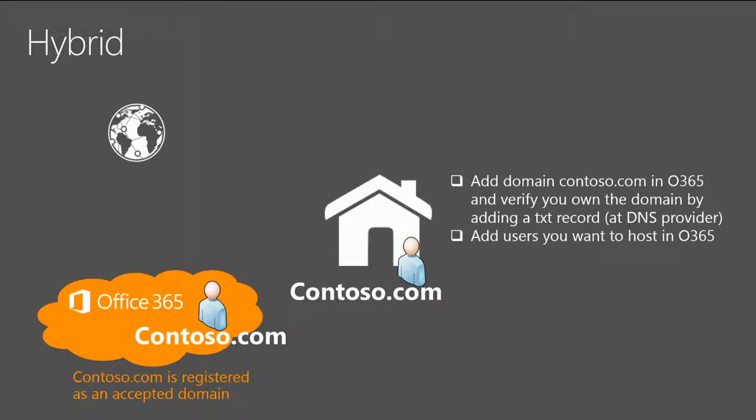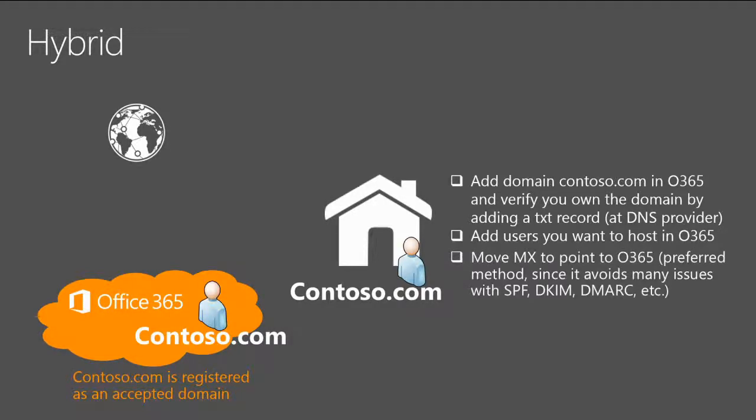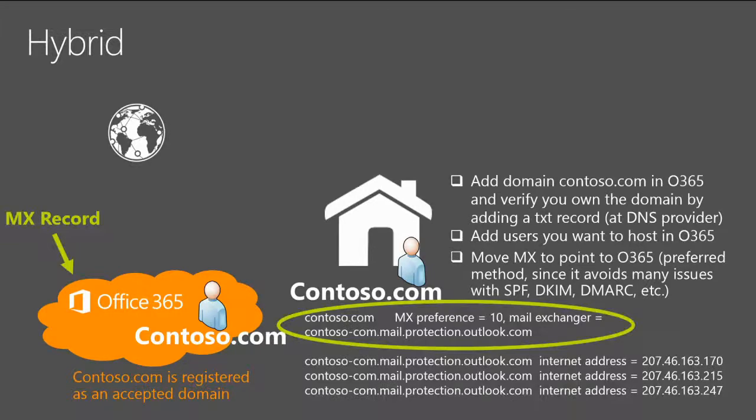We won't just have anybody register any domain they want, otherwise that would lead to chaos. So you have to prove ownership, and you do that by adding a text record in DNS. You add a few users that you want to host in the cloud, and you move your MX to O365. When you move your MX to O365, this is what your MX looks like.